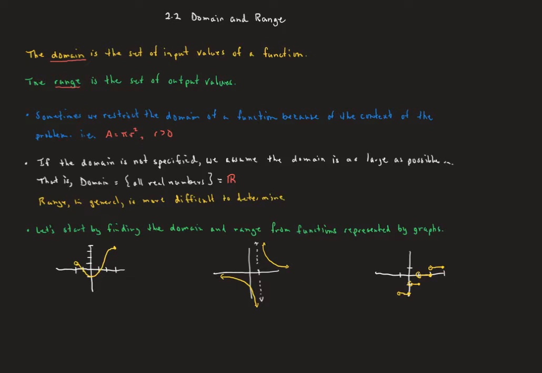First, we're going to start with finding domain and range from functions represented by graphs. And then we'll try to look at functions in other forms and see if we can figure out how to find the domain and range. So the domain is going to be the set of x values, or how far right and left does that function go.